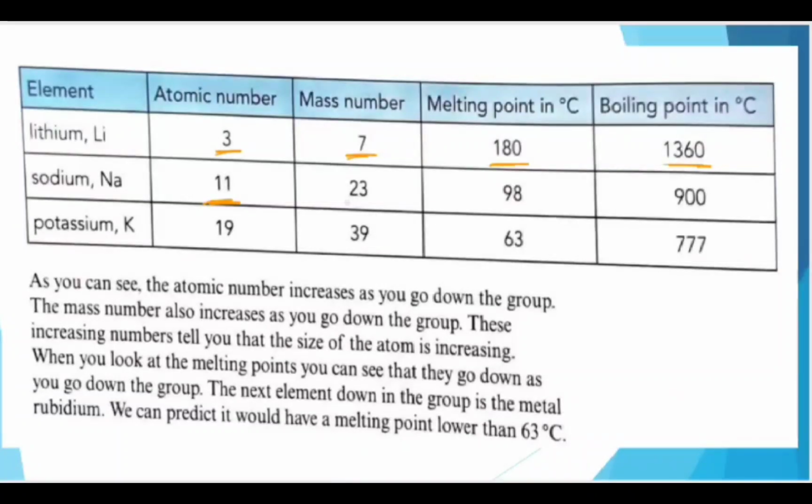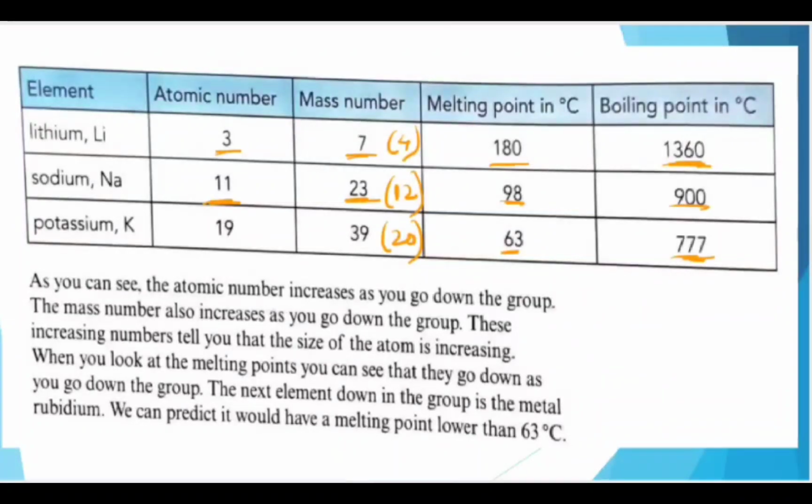Sodium 11, 23 mass number. That means number of neutrons 12. Here number of neutrons 20. Here melting point decreases. Lithium has the highest melting point. And here boiling point also decreases as per the trend.